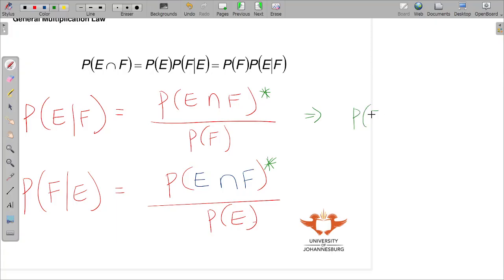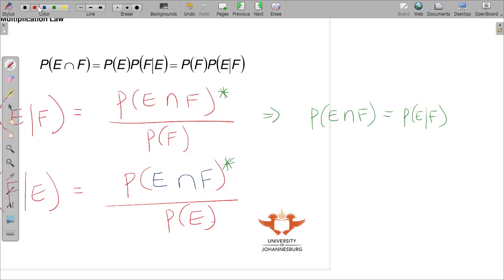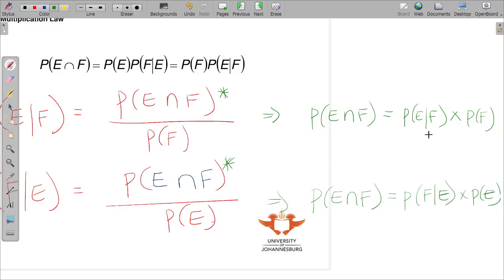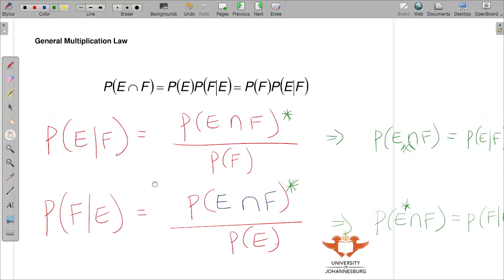It implies that the probability of E intersect F equals the probability of E given F multiplied by the probability of F. This one also implies that the probability of E intersect F equals the probability of F given E multiplied by the probability of E. Since these two are the same, I can equate them together, and that's what we have done here.